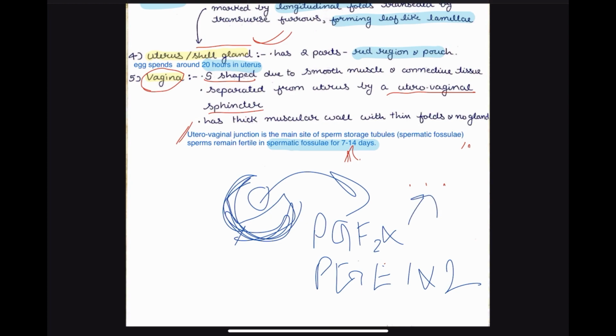PGF2 alpha is going to act on the uterus and vagina. In the uterus it will cause contraction, and in the vagina, in the proximal part, it will cause contraction, and in the distal part, it will cause relaxation. PGE1 and PGE2 are going to cause the relaxation of the uterovaginal sphincter.